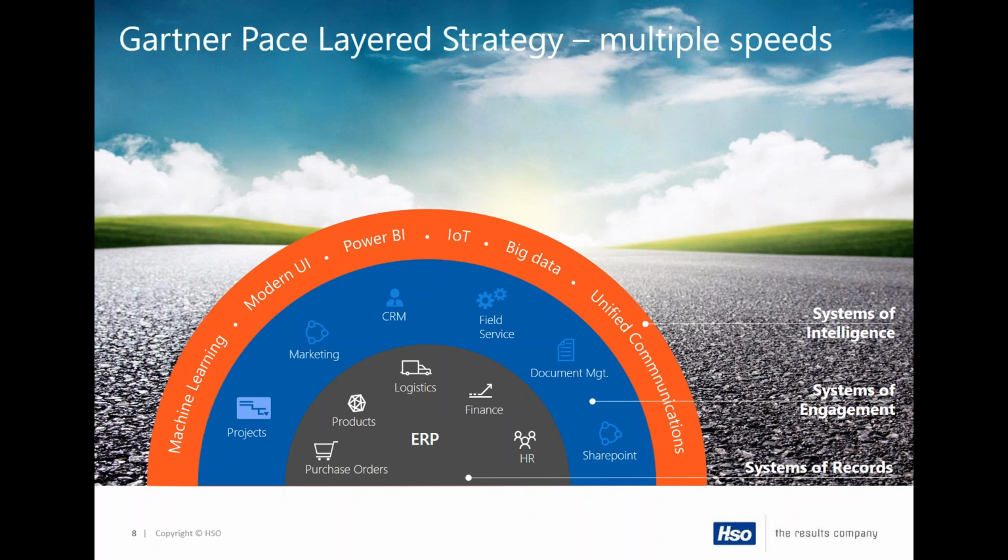And the last and final layer is systems of intelligence, in which other functions are captured for a very short term, short cycles. For example, IoT, Internet of Things, and in my example scenario I will go through Internet of Things, but Internet of Things is improving rapidly.